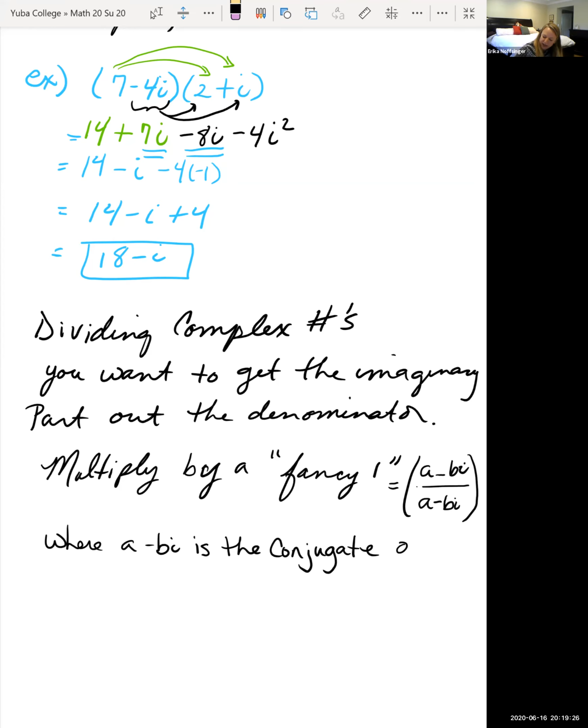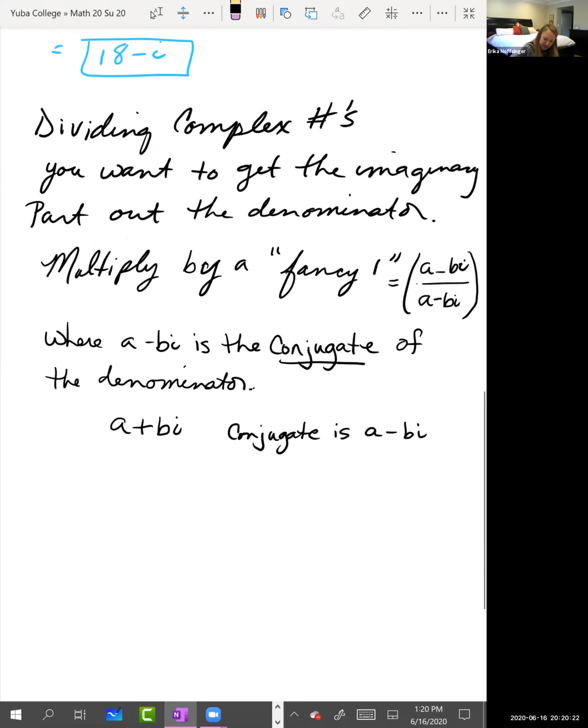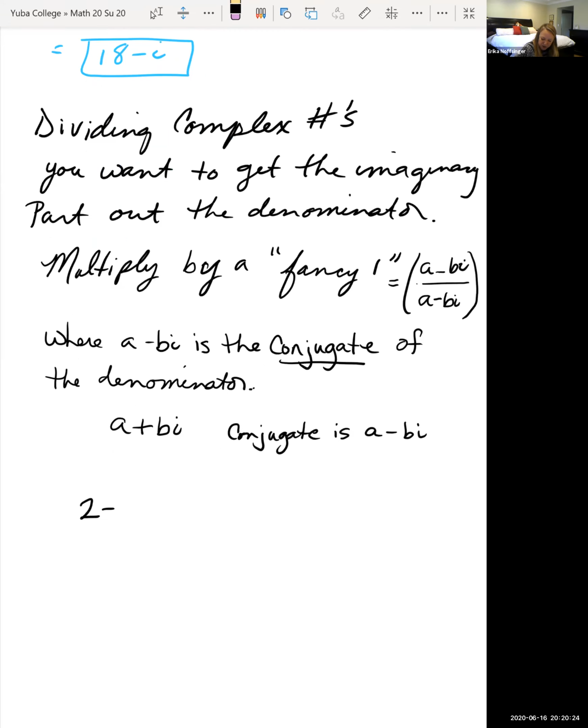Okay. What does conjugate mean? In this case, it's just changing the sign in between. So for instance, if I was asked for the conjugate of 2 minus 3i, the conjugate would be 2 plus 3i.